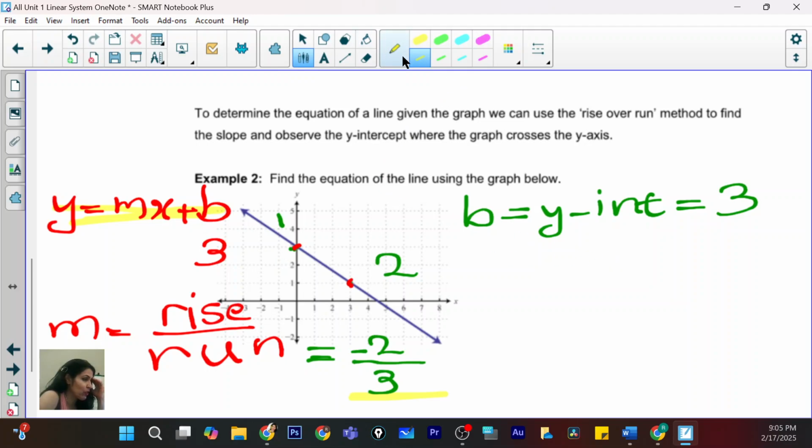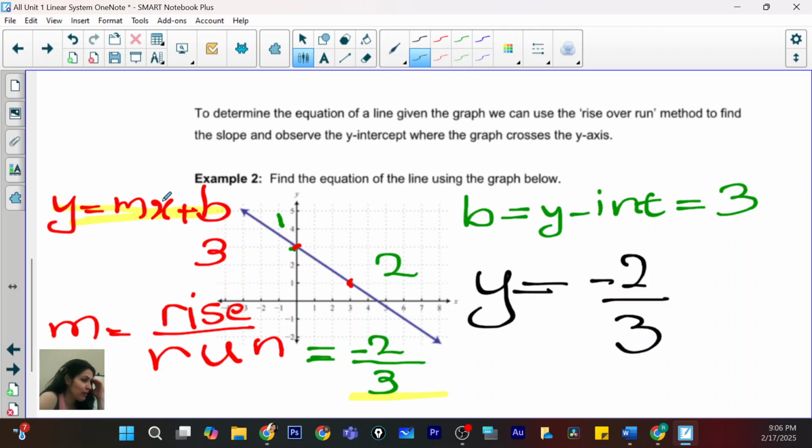So the equation of the line is going to be y equals m, which is negative 2 over 3, x, plus b, plus 3. And this is the answer.